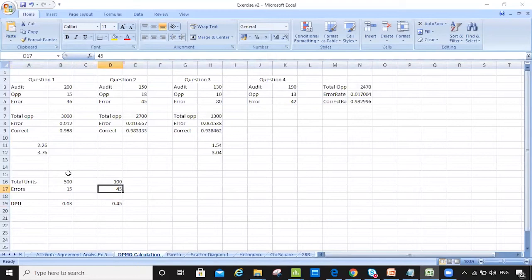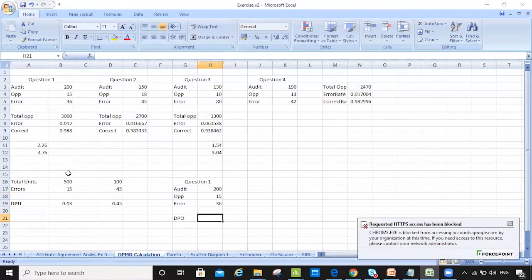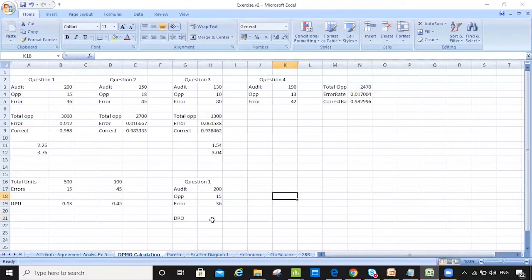Well, let's understand DPO now. The perfect example would be the first one that we can see here. I can just put it over here so that you'll be able to understand it well. Now I want to calculate DPO, defects per opportunity. The formula says defects divided by total opportunity. So how many total opportunities do I have?